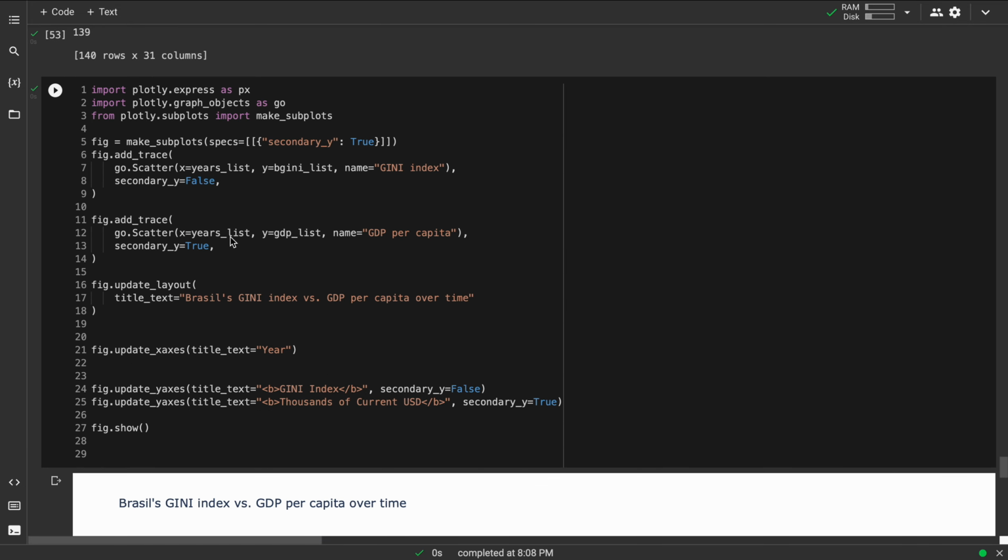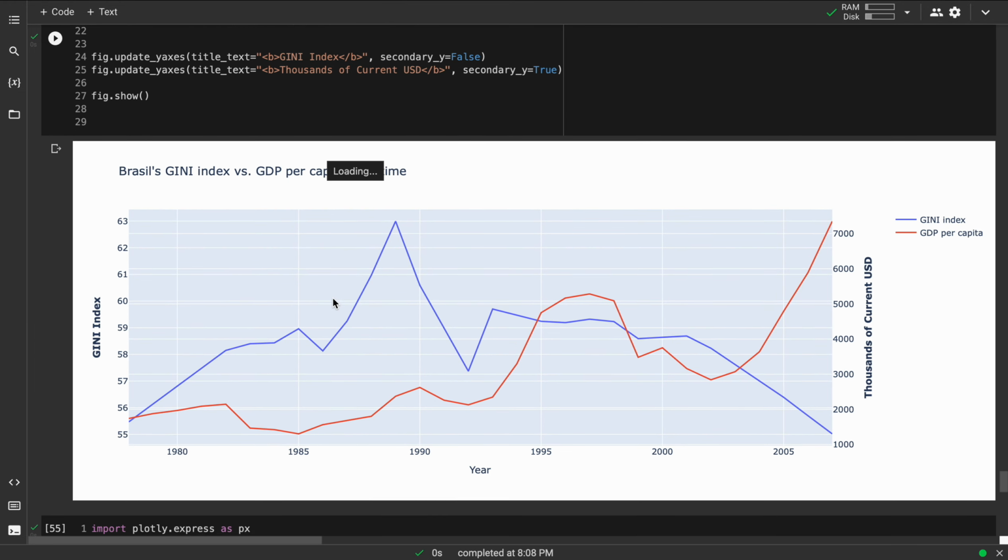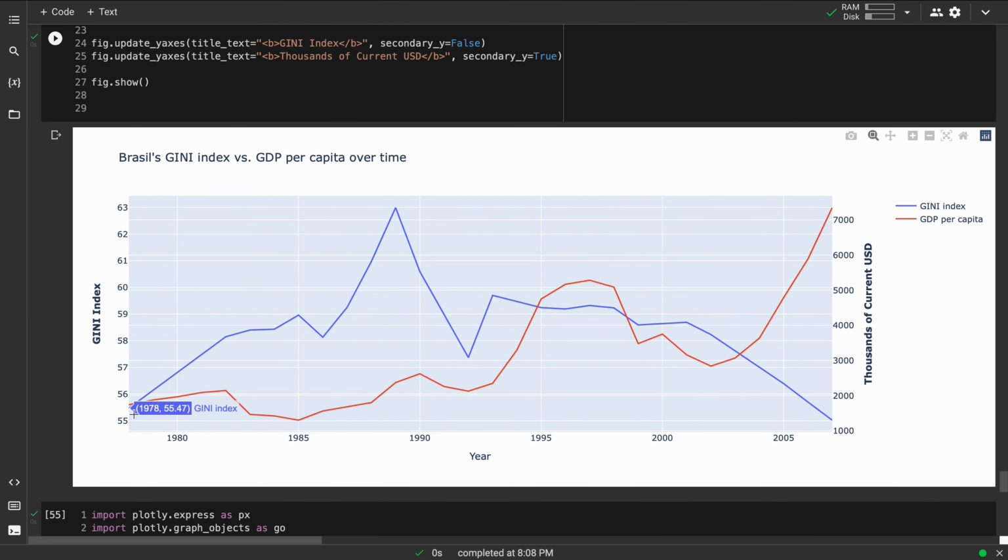So this is the code that we used. And it shows specific data points here of what the Gini index was in certain years compared to what the GDP per capita of Brazil was in certain years.